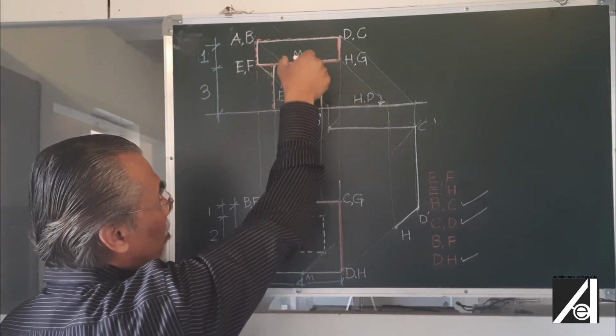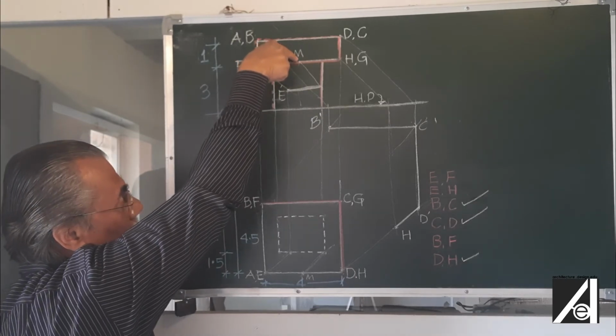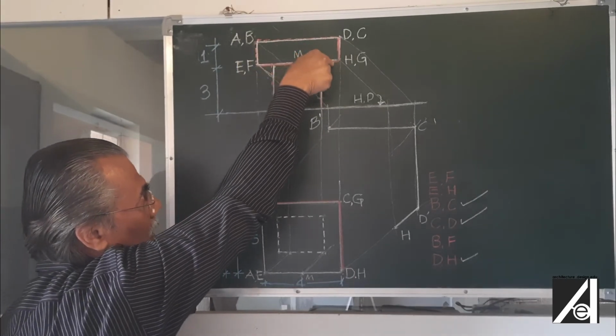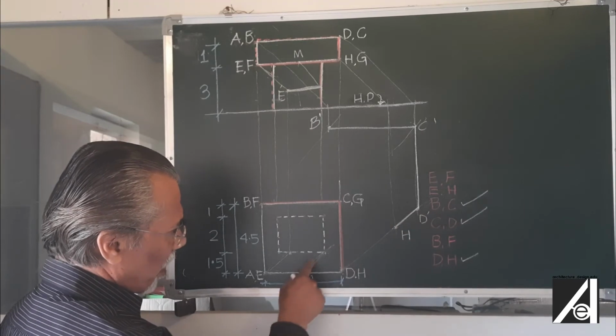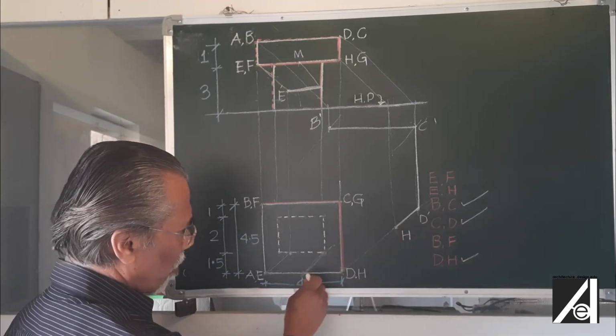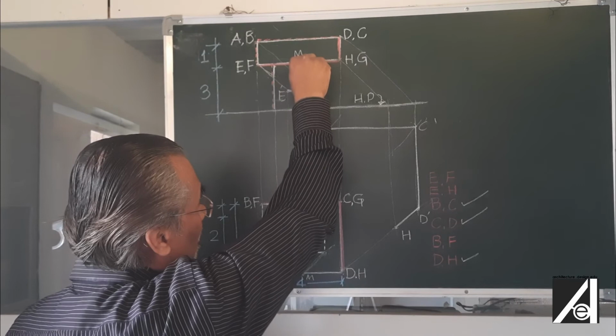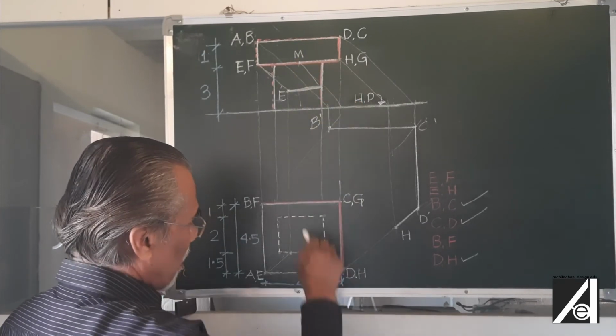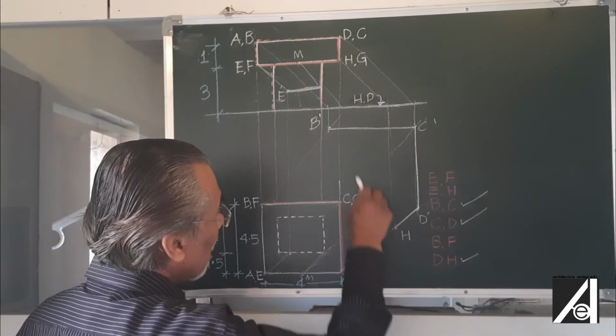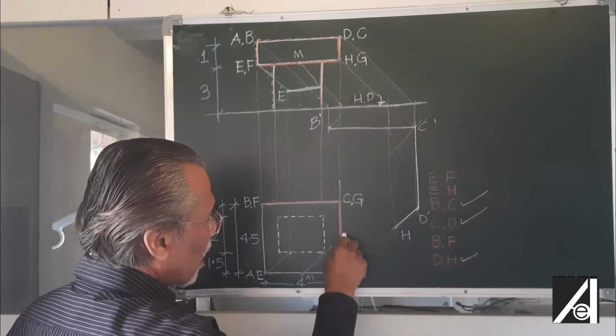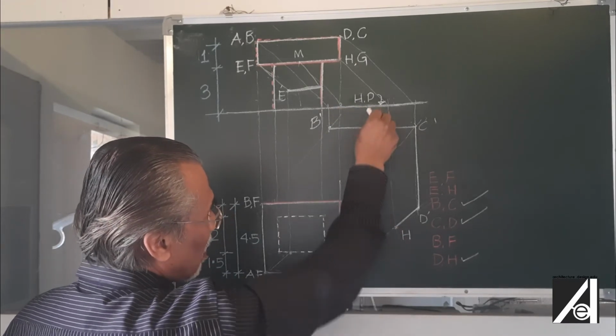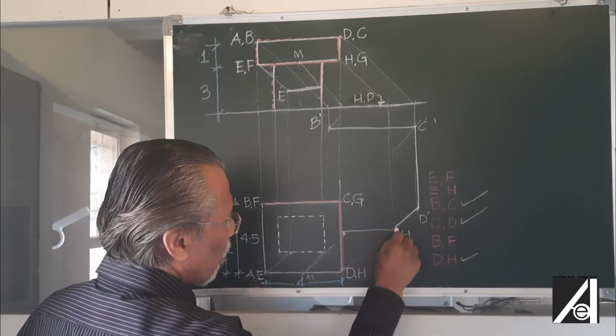This part of the shadow of edge EH has come here and the remaining part will come on the ground. So the remaining part means this point comes here, so it goes along this line. From there I bring it down, somewhere here it comes. And then H is already there. So we join this.